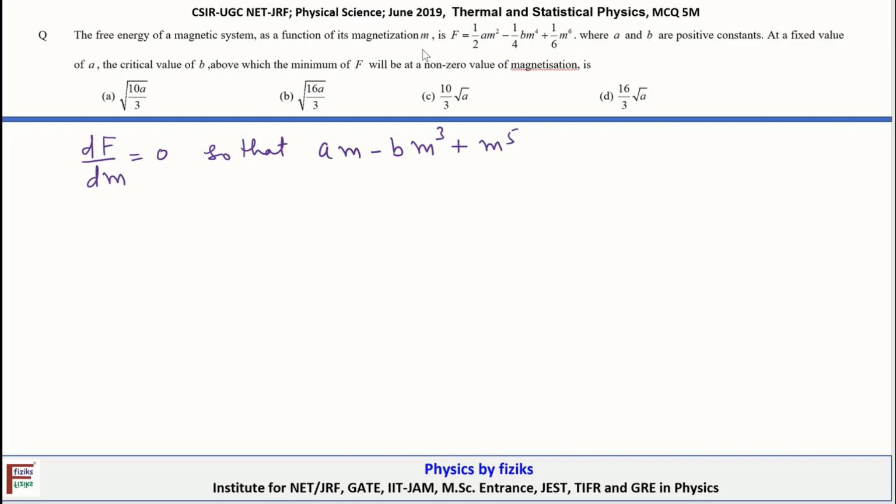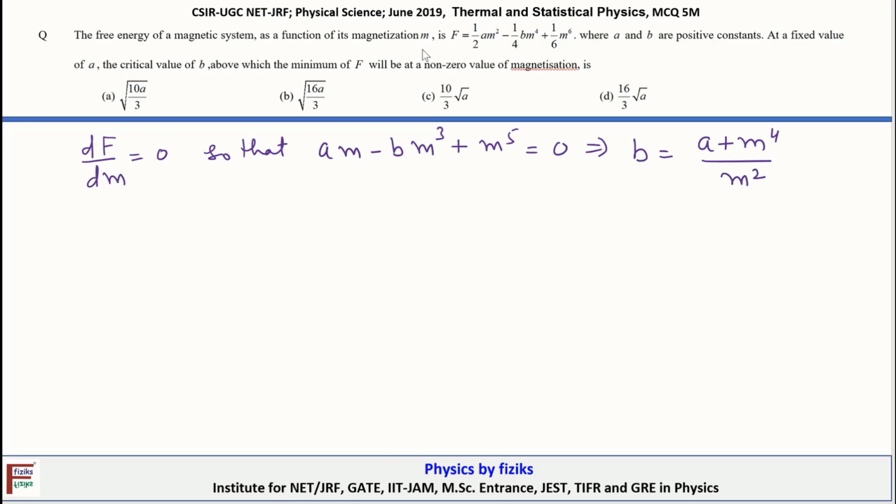After doing the differentiation, some of the terms will cancel and we will obtain this result. After rearranging these terms, we can obtain the value of B in terms of A, which is B equal to A plus M power 4 divided by M square.